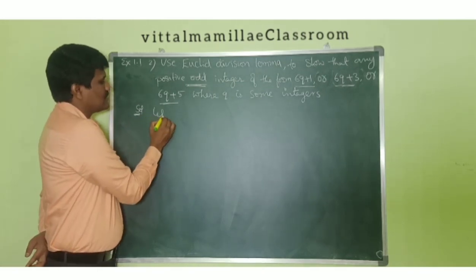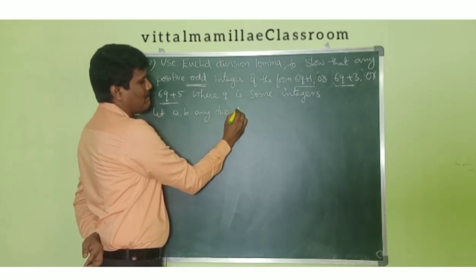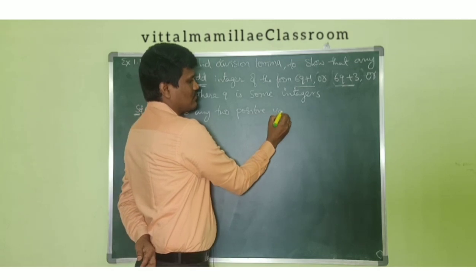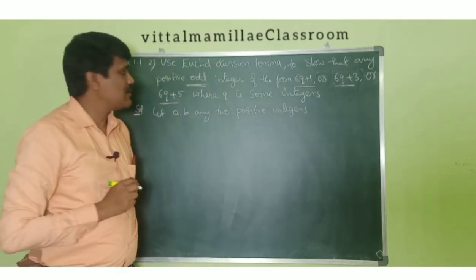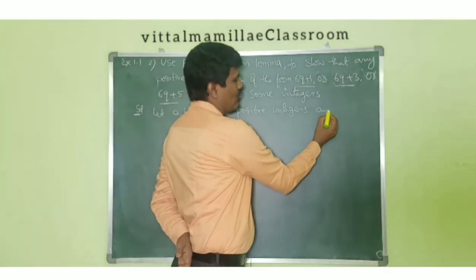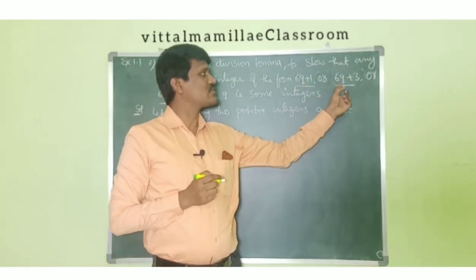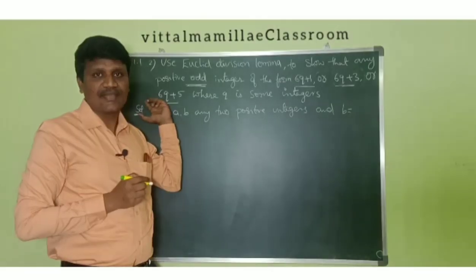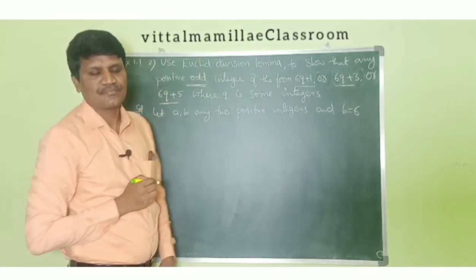Let a, b be any two positive integers, and what should we take for b here? Whatever is given, 6q plus 1, 6q plus 3, 6q plus 5, whatever the multiple of q is, I should take it as b. So here b is equal to 6.